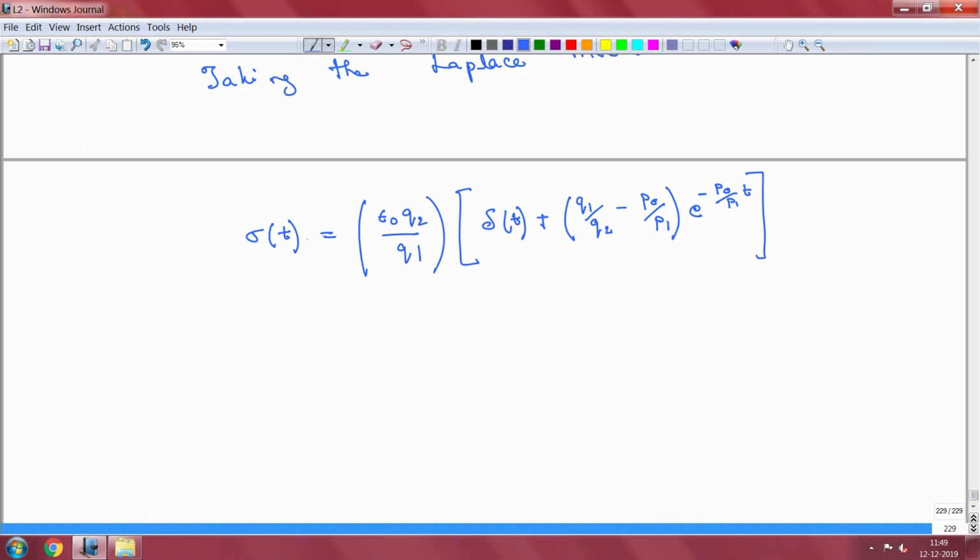So, I just divide this sigma t by epsilon naught to arrive at that is my gt function, and that can be written as q2 by q1 delta function, plus this entire thing remains the same.